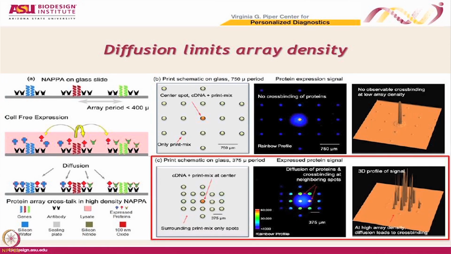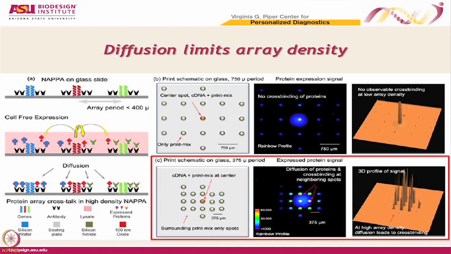But if you start to make NAPA much smaller, so if you take the 750 micron spacing here and make it 375 spacing, so almost cut it in half, yeah? So now these spots are really close by. Now you start to see a little bit of signal bleed over. You see that little green signal? So this is the intensity of the spot itself, and then these neighboring spots have picked up a little bit of the protein.